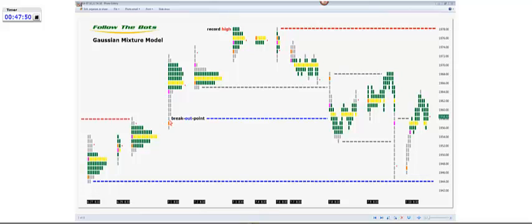I'd like just to point out to you that the distance here between the prior high at 1960 and the new record high is 17 points.